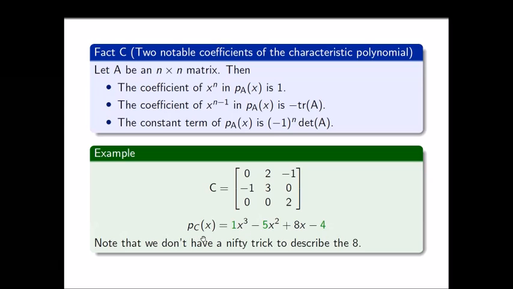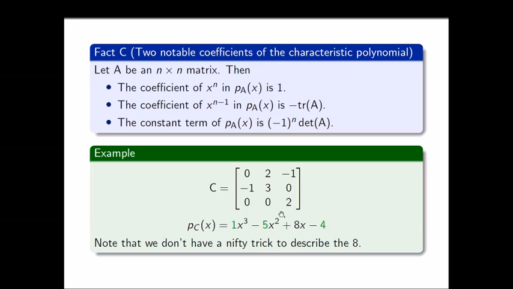then its characteristic polynomial can be computed to be x cubed minus 5x squared plus 8x minus 4. So the first point obviously checks out, the coefficient is 1. The trace of this is clearly 5 because it's 0 plus 3 plus 2. So the coefficient of x to the 3 minus 1, that is the coefficient of x squared, is minus 5.